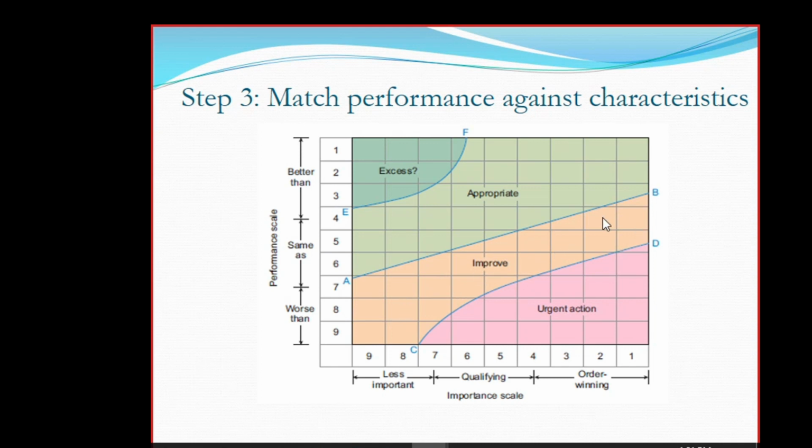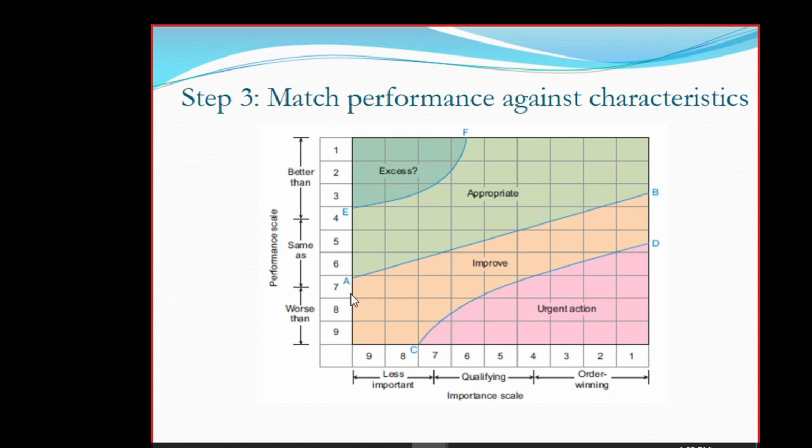All this area needs to be improved. Let's take this area, for example. Here it's very important for my customers, because it has a score of 1, 2 and 3. It's important for my customers, but my competitors do it better than I do. So in all of this area, I need to improve.